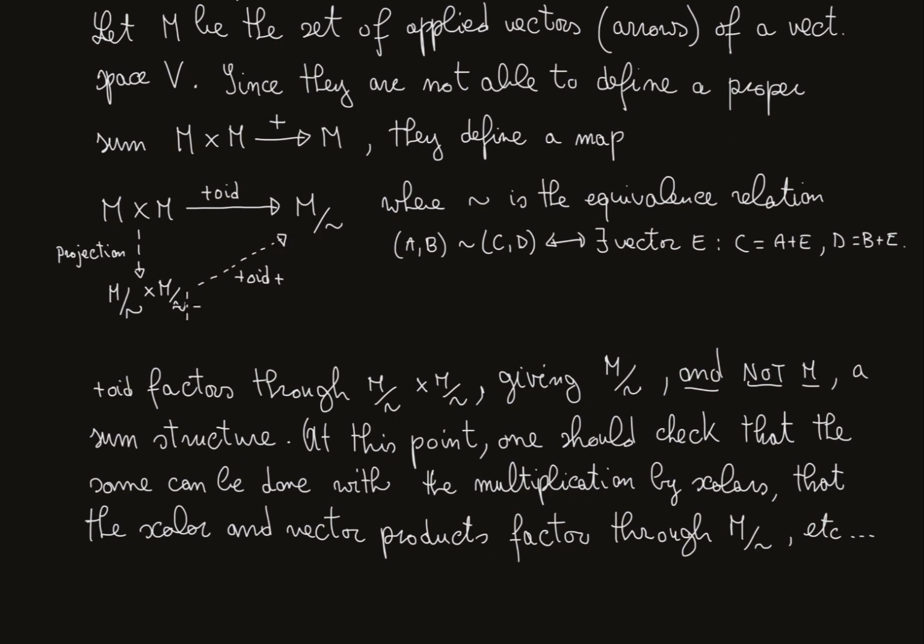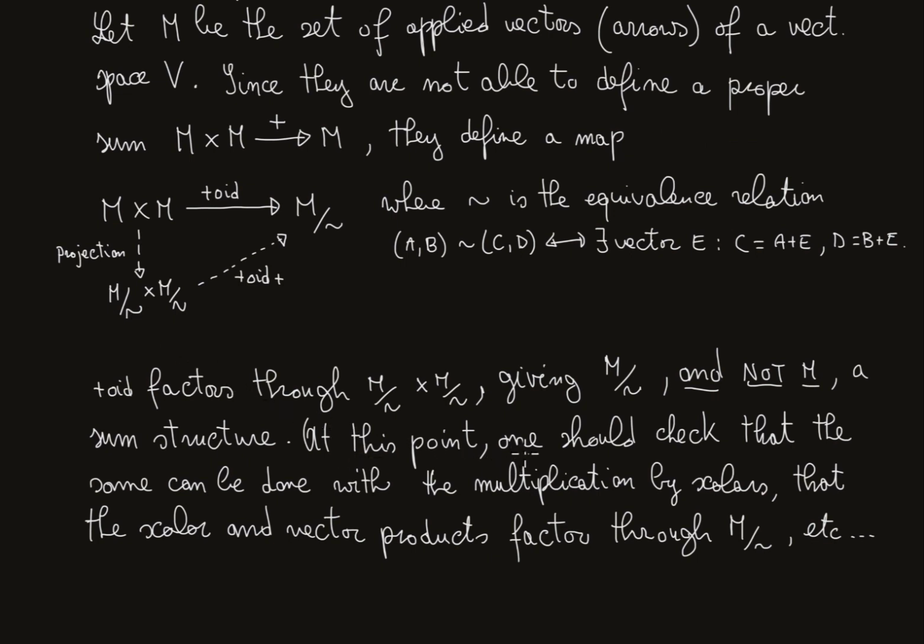Indeed there exists a map going from here to here, but this map does not operate on applied vectors, but on equivalence classes of applied vectors. So it is not a structure on M, it is a sum structure on M modulo the equivalence relation.